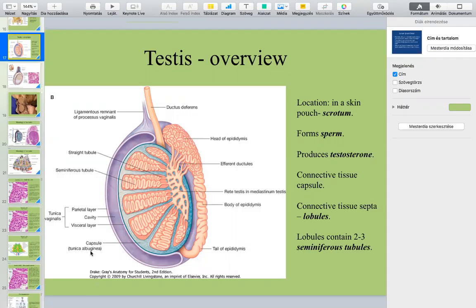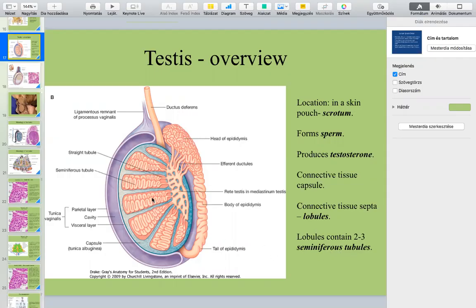So this is the tunica vaginalis, and this dense irregular connective tissue called tunica albuginea, it's written here, divides the testis by its septa into small units. We call these units testicle lobules. These are the lobules, and each lobule contains two to three coiled tubular systems called seminiferous tubules.